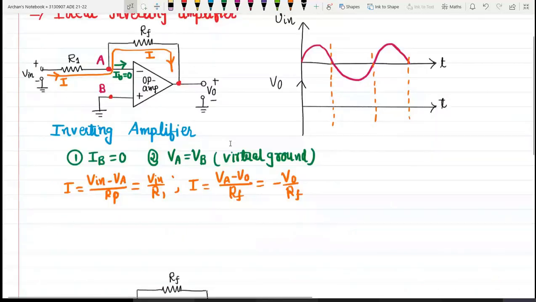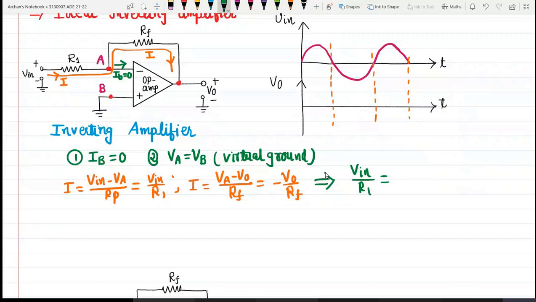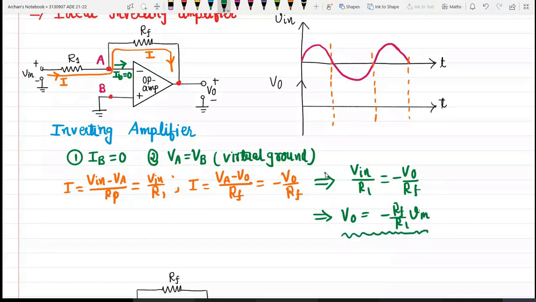Both these currents are the same, so we can compare them: Vin by R1 is equal to minus V0 by RF. From this equation, the value of V0 is equal to minus RF by R1 times Vin. This is the output voltage equation.